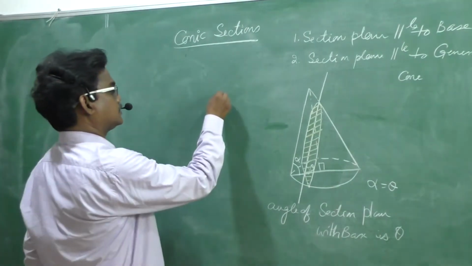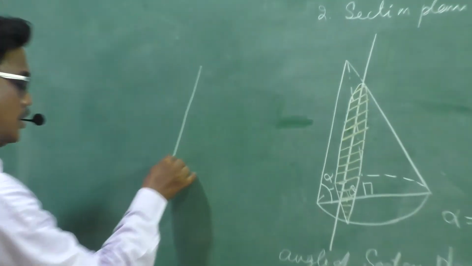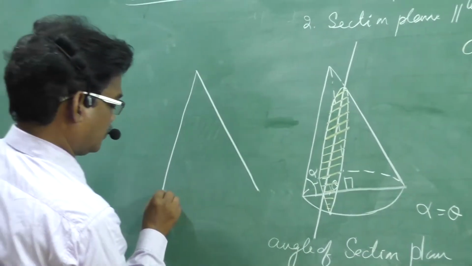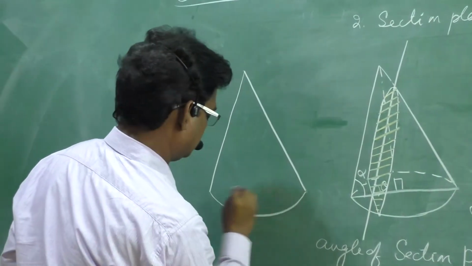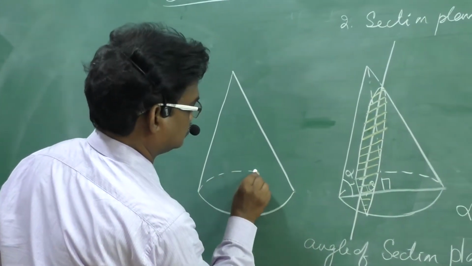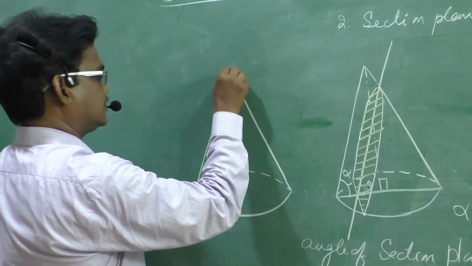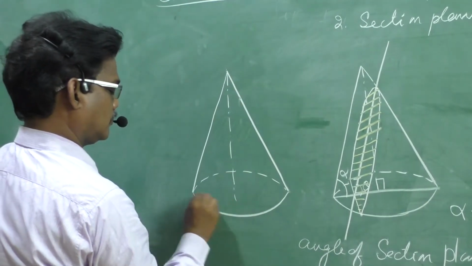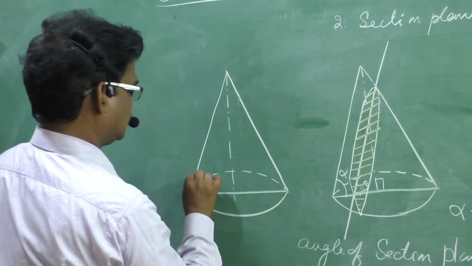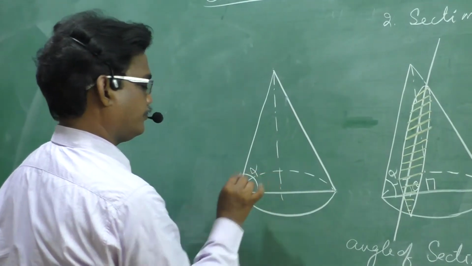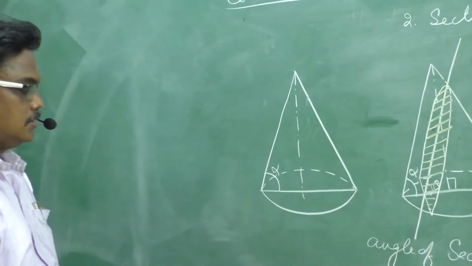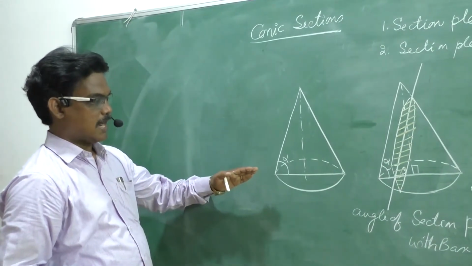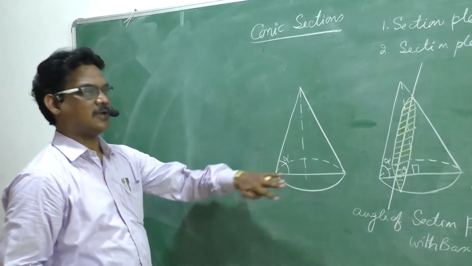Again, we need to consider a right circular cone and this is axis and this is alpha. Now I want to consider a section plane at an angle of less than alpha.